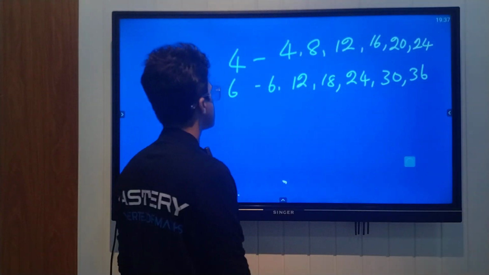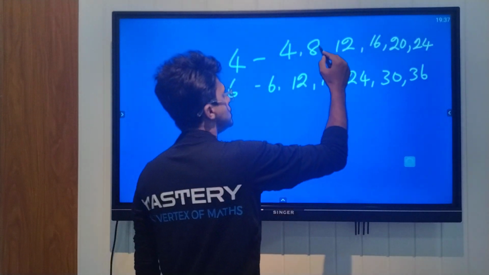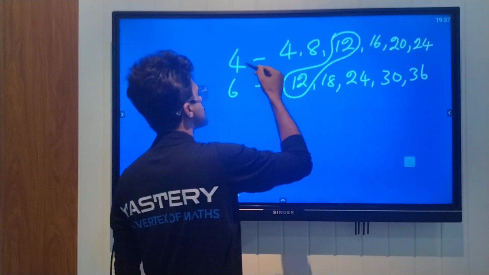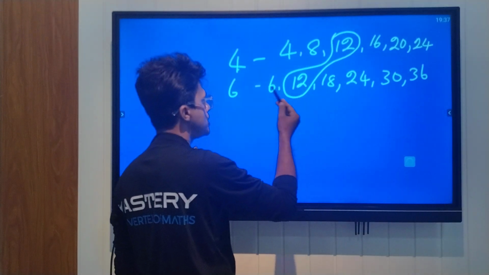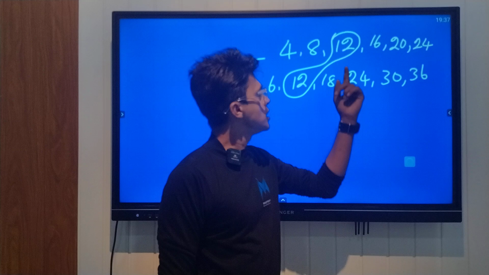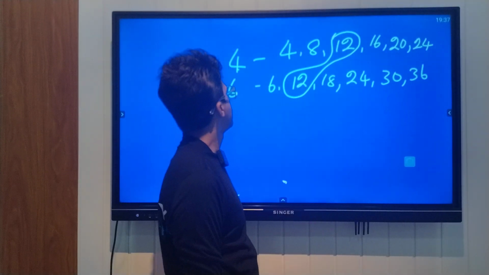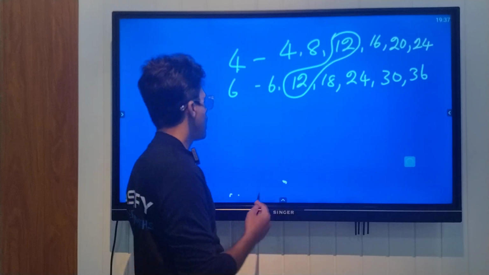What is a common multiple of 4 and 6? 12 is a multiple of 4. 12 is a multiple of 6. So the least common multiple of 4 and 6 is 12.